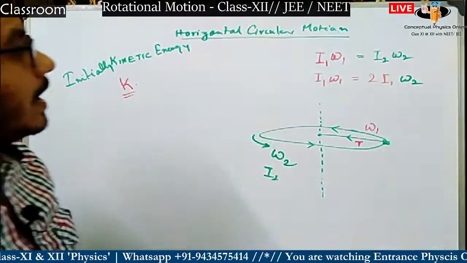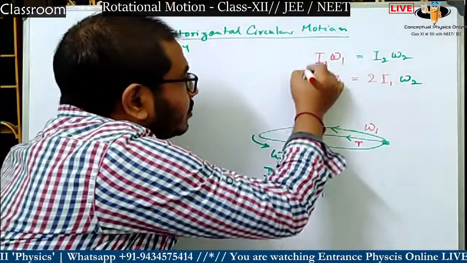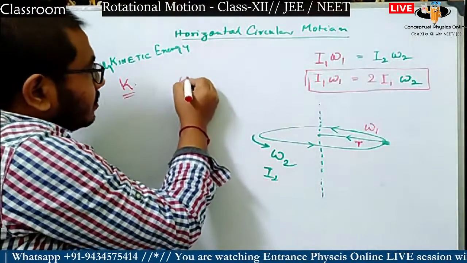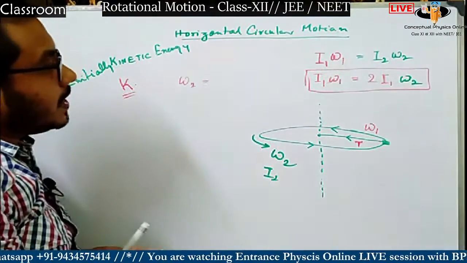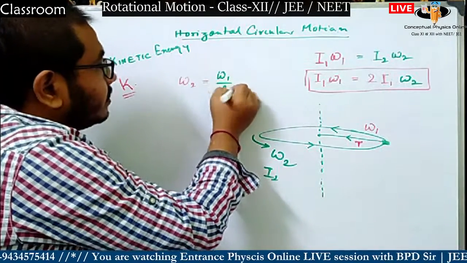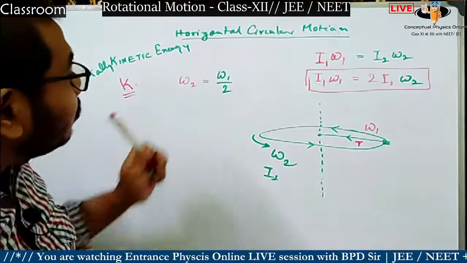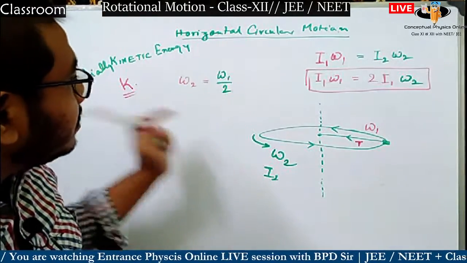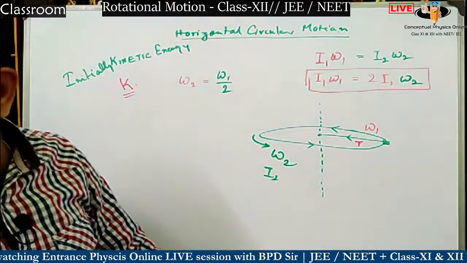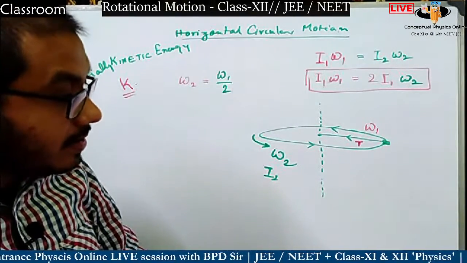Just the I1 will change. From this equation, another equation comes out: omega 2 becomes omega 1 by 2. That means the final angular velocity is half of the initial angular velocity, and that is because the moment of inertia is getting doubled.